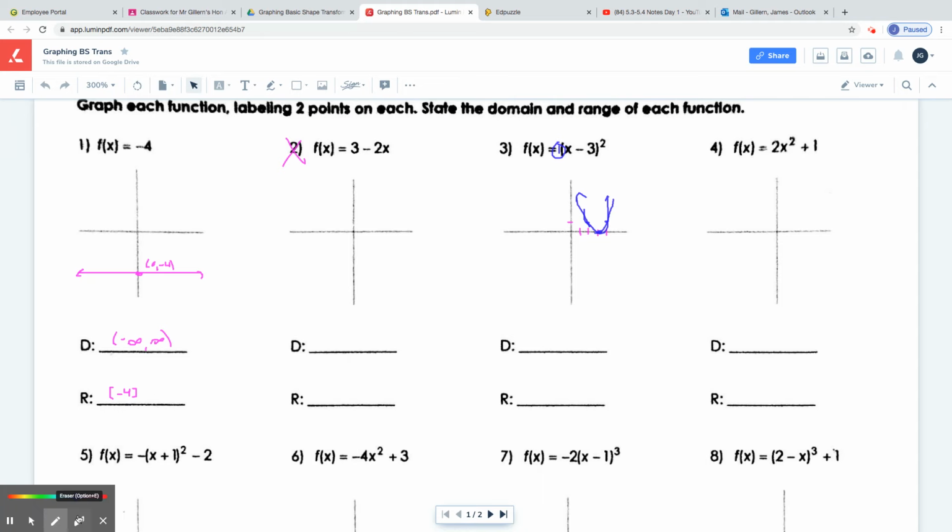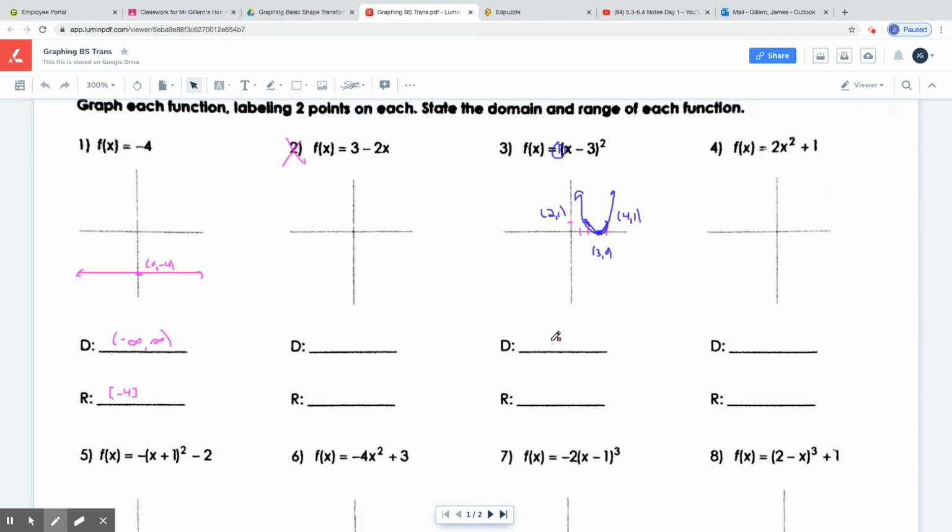That is an awful drawing of a parabola. I apologize. Going up like that and going up like that. So it's at 3, 0, 4, 1, and the other point would be at 2, 1.